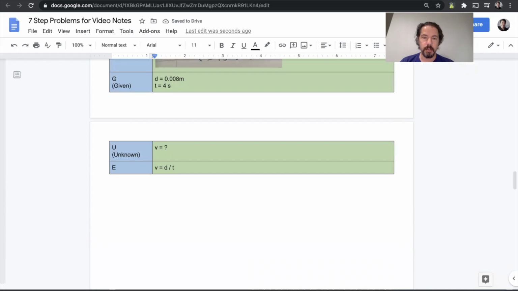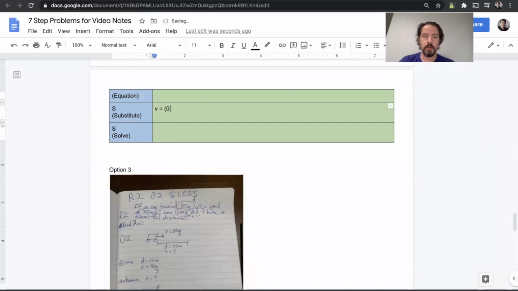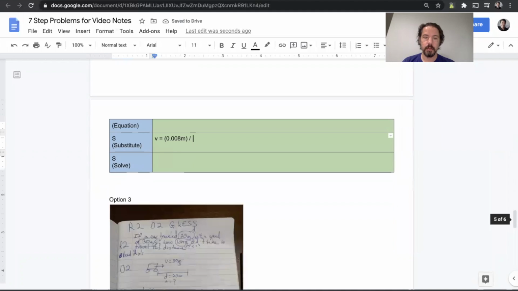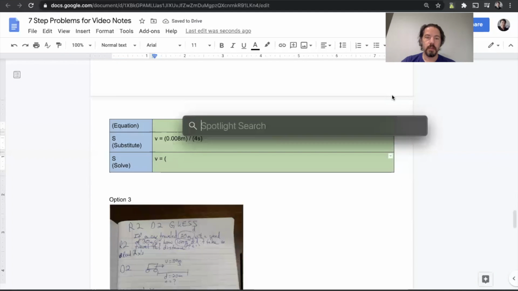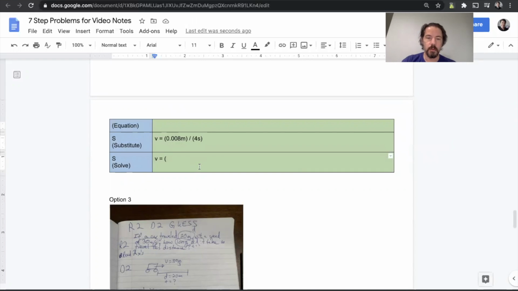Distance, what is distance? 0.008 meters, divided by 4 seconds. Now I'm going to solve for velocity. Let's just calculate it. Pull up the calculator. So 0.008 divided by 4 is 0.002.